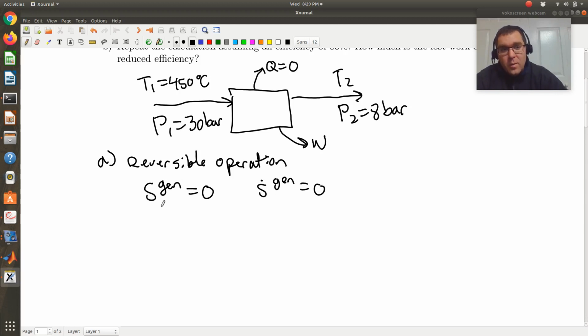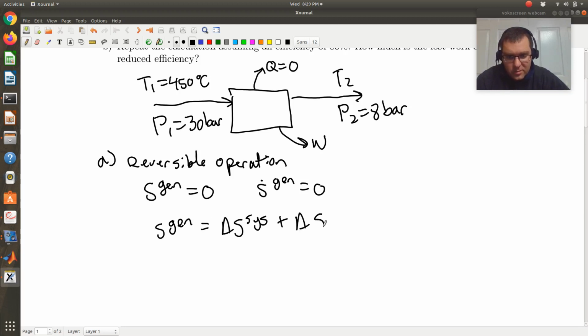Okay, well, when I write down my entropy balance, I like to think in terms of Chapter 4, and the S-gen is equal to delta S of my system plus delta S of my surroundings, where I'm going to assume that my surroundings can be treated as a bath.